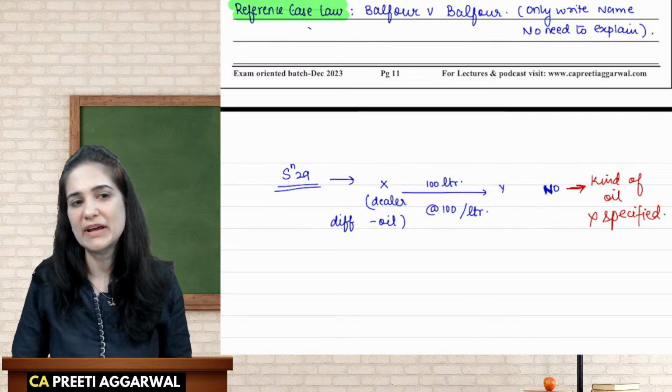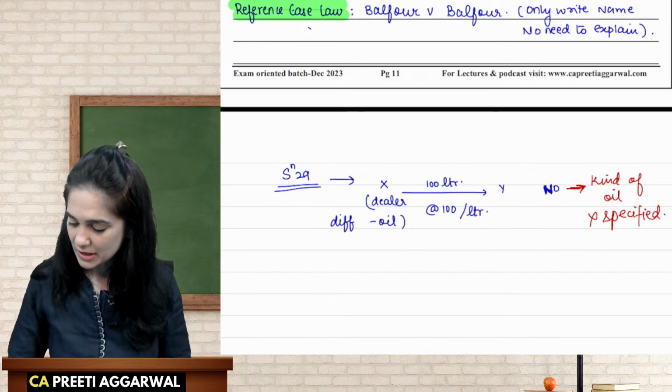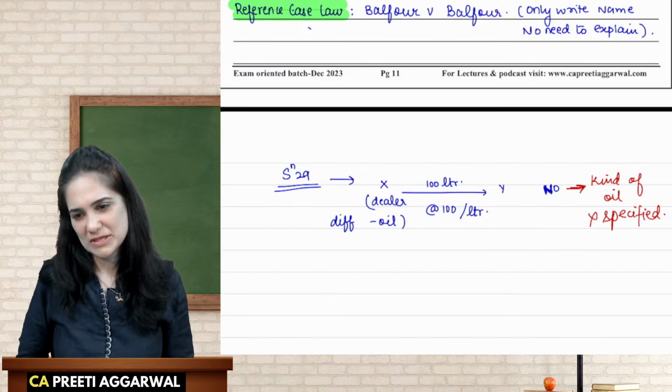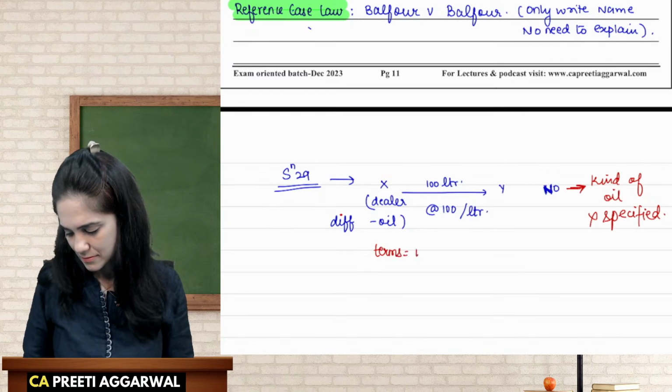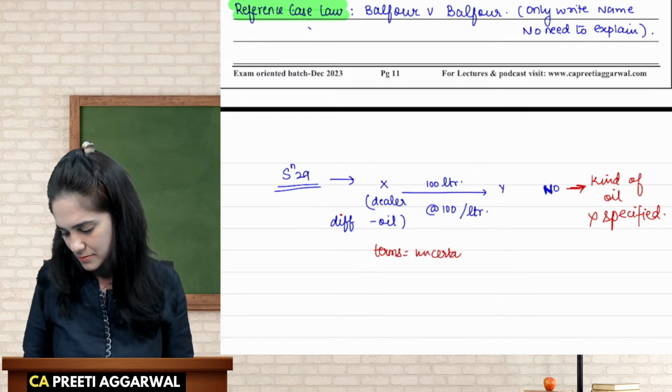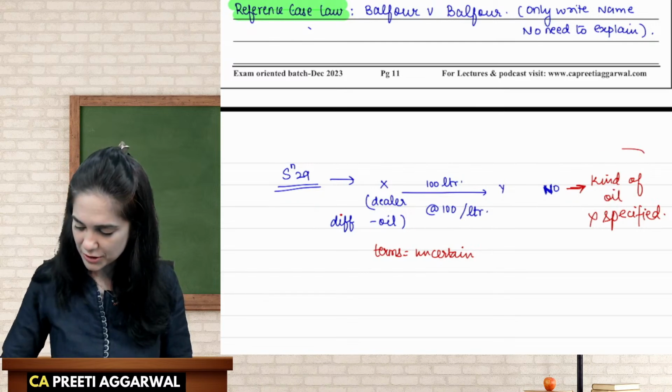Why will this not be a valid contract? Because, no Sahil, not the object, the kind of oil is not specified. So the terms are uncertain. Yes, kind of oil is not specified. This you need to write in your answer.